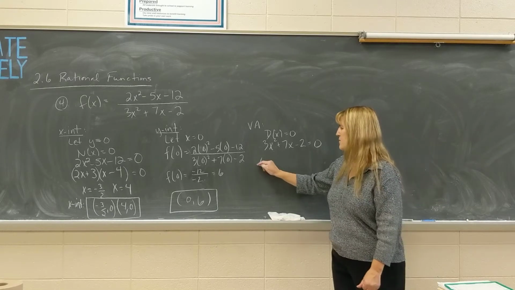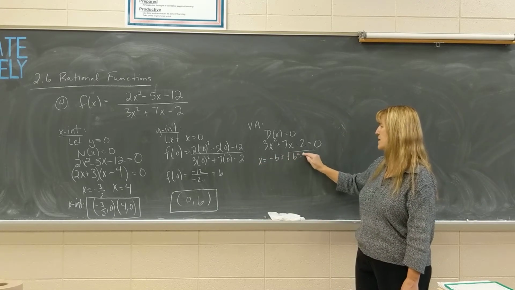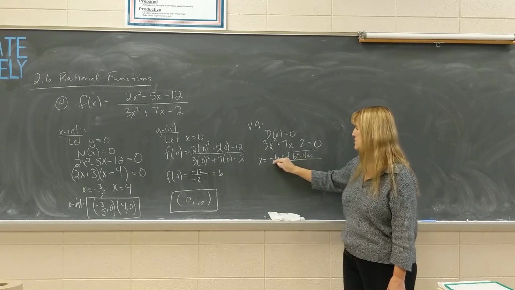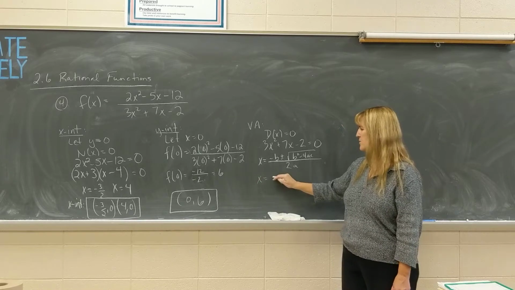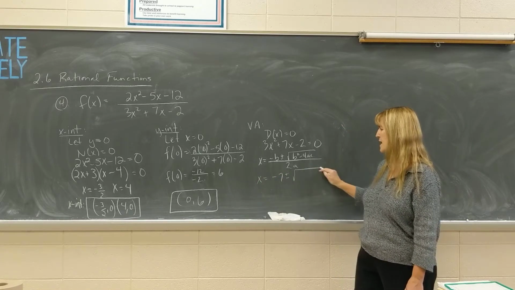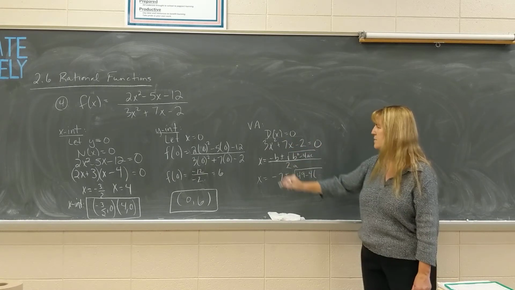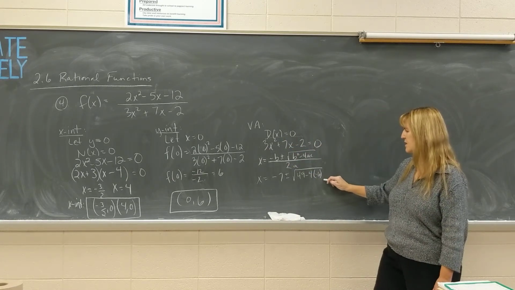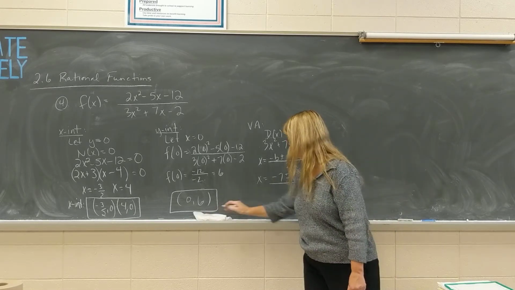Quadratic formula. So x equals negative b plus or minus the square root of b squared minus 4ac, all over 2a. This gives me x equals negative 7 plus or minus the square root of 49 minus 4 times negative 6, all over 2 times 3.